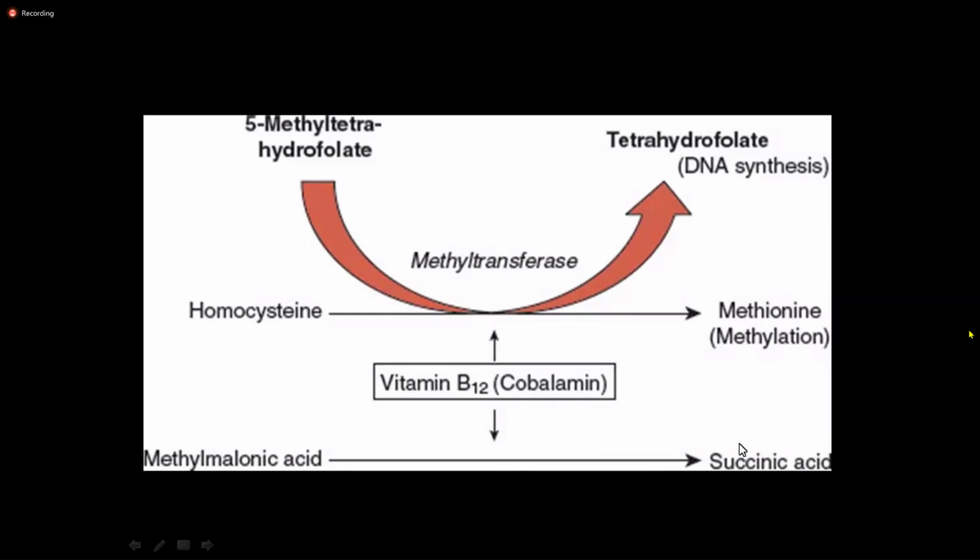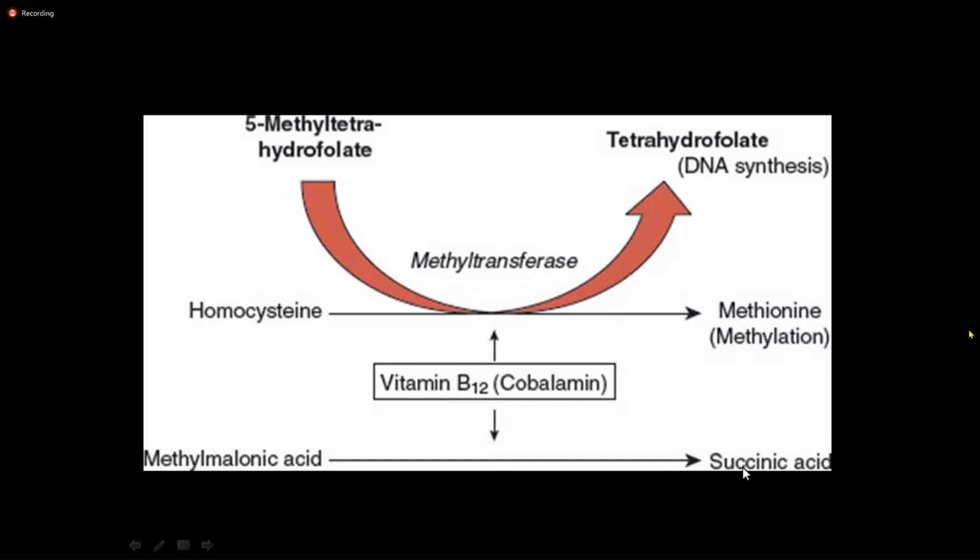Methylmalonic acid is a byproduct of odd-chain fatty acid breakdown. When odd-chain fatty acids are broken down in our body by beta oxidation, alpha oxidation, and other oxidation such as omega oxidation, methylmalonic acid is produced, and this has to be converted to succinyl-CoA or succinic acid, which can enter the citric acid cycle. In the absence of vitamin B12, this methylmalonic acid will accumulate. It is not converted to succinic acid.